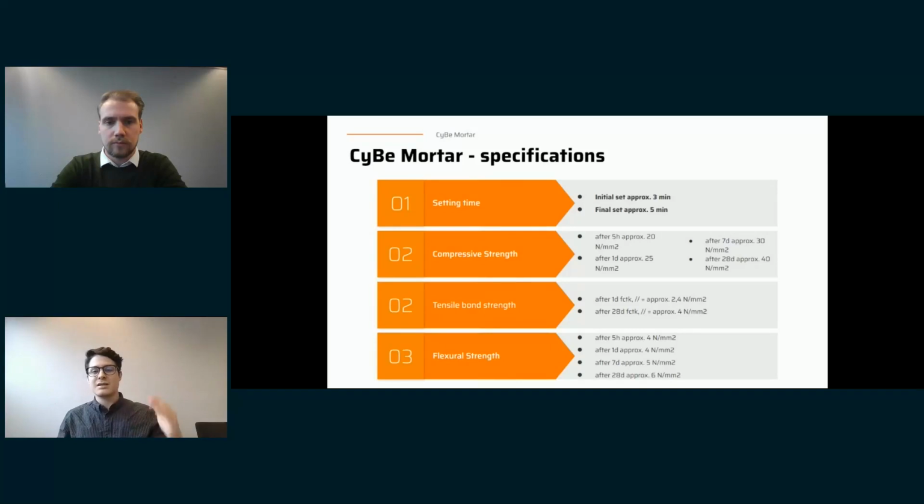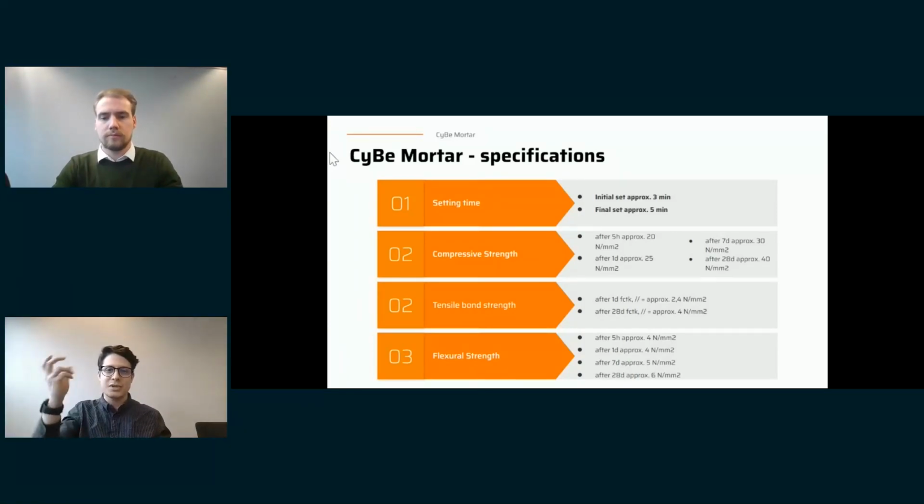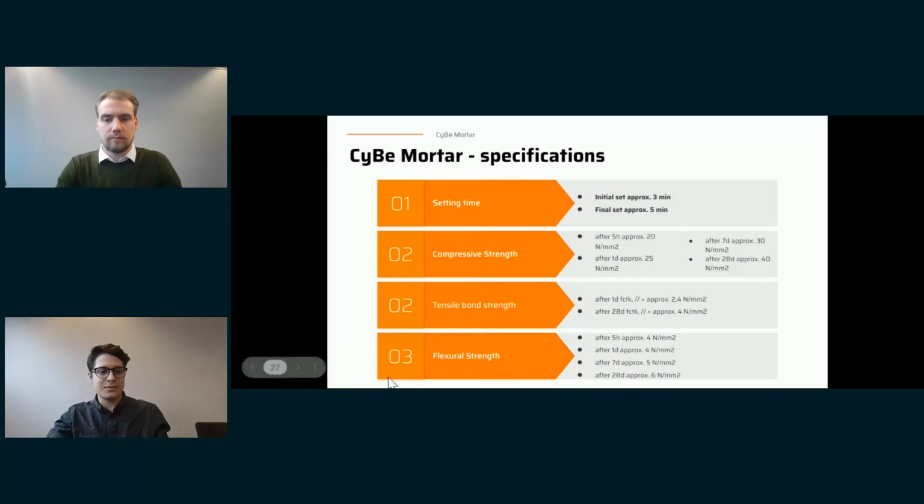But then it starts increasing more slowly, and this is what we are looking for, because at the beginning it has to get quite good strength in order to support the other layers, and you can tell by the results that we have in our samples.